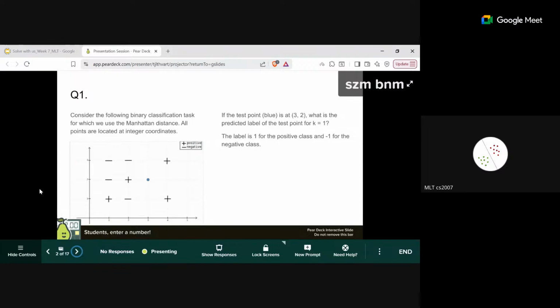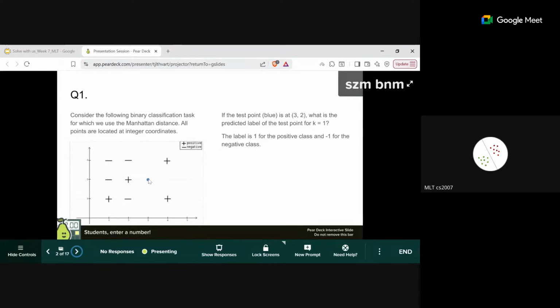So this is a very simple problem. The question says you have this binary classification task for which we use the Manhattan distance. All these points that you see are located at integer coordinates. So this plus sign that you see over here is 1 comma 1, this is 1 comma 2, and so on.